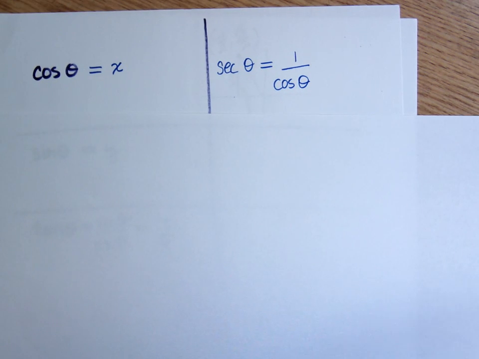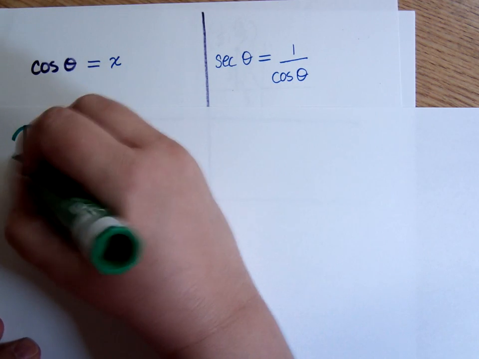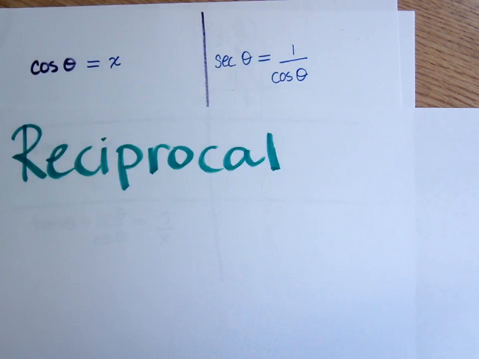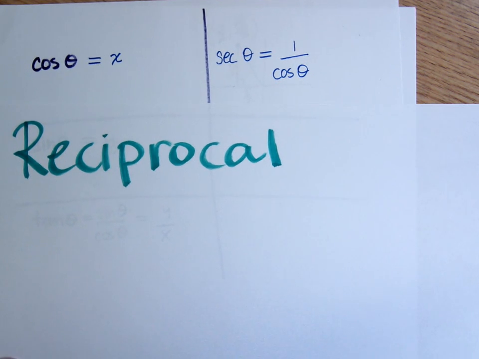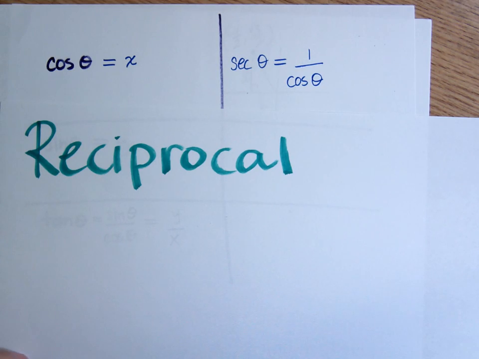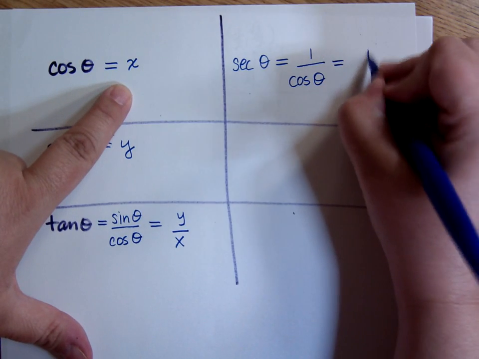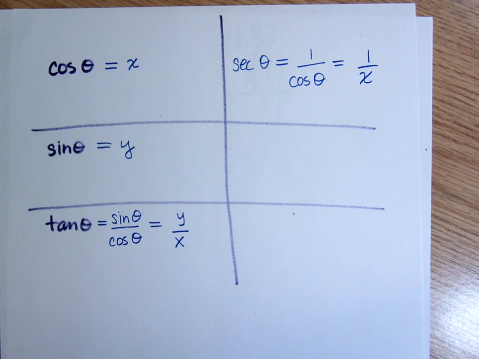I am going to write this in big letters because it does not mean inverse. The secant is not the inverse of the cosine. It is the reciprocal of the cosine. So that means 1 over x.